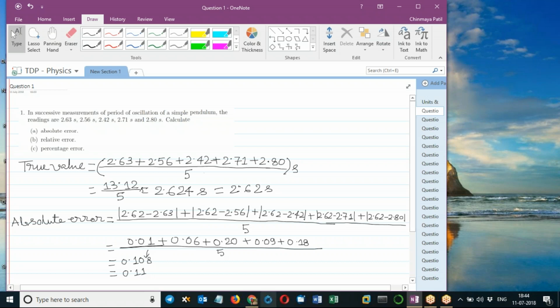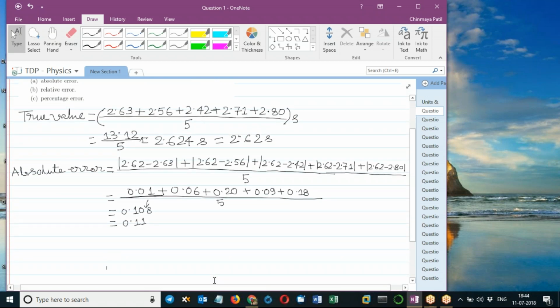Now, after that, what is coming? After absolute error, it is the relative error. And what is relative error? Relative error is equal to absolute error by true value. So I am writing here relative error.